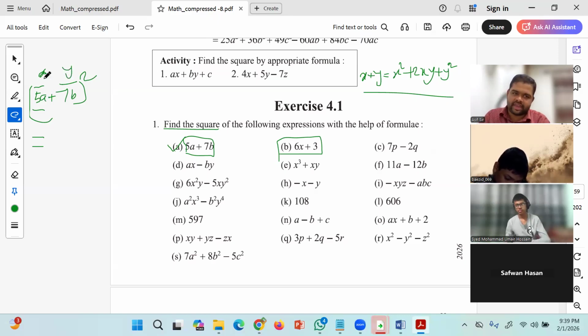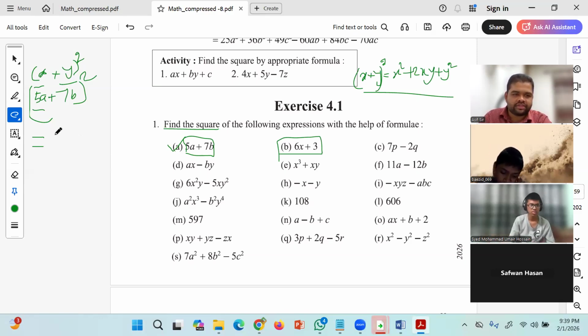So if 5a becomes x and 7b becomes y, and inside there is a plus sign, and we have to find the square of it, which formula do we need to use? We need to use this (x plus y) whole square formula, isn't it? Okay, so I think you got the point.